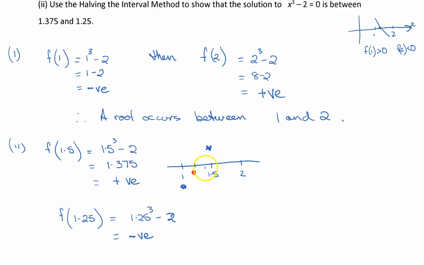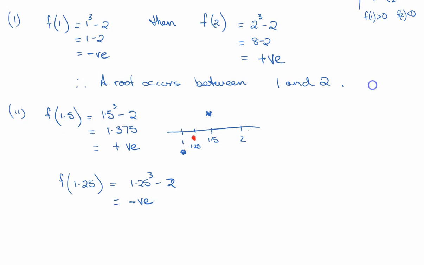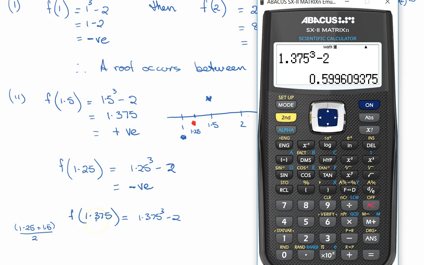So again, we know this is 1.25, we halve the interval. We're going halfway between 1.25 and 1.5. Halfway between is 1.375. How did I get that?